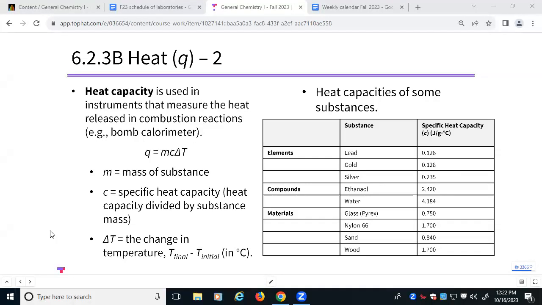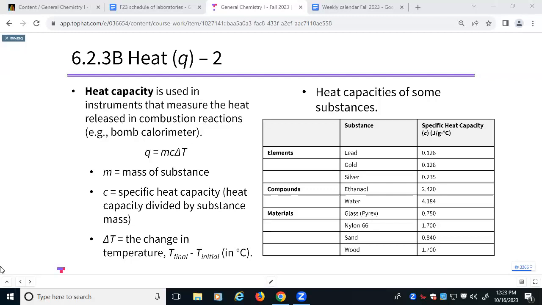At the end of today, we'll talk about one of the specific situations, the bomb calorimeter. For most other situations, we're going to use something called specific heat capacity, or just simply specific heat. And what specific heat tells us is it gives us that heat capacity value, but it brings it down to the gram level.